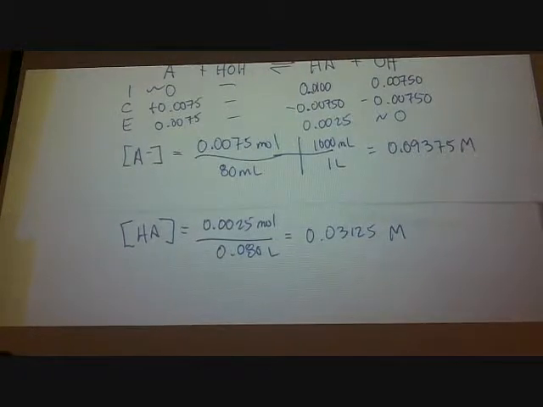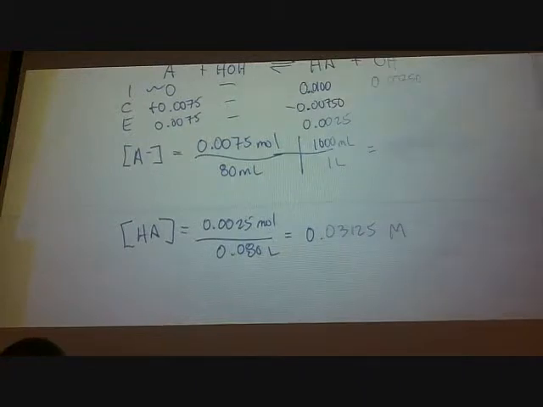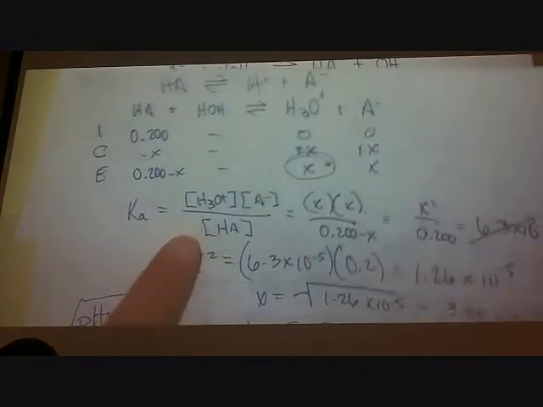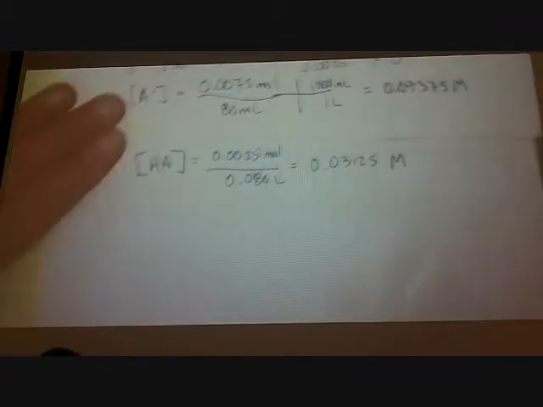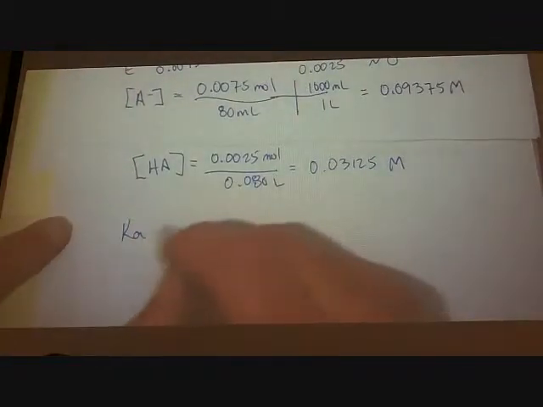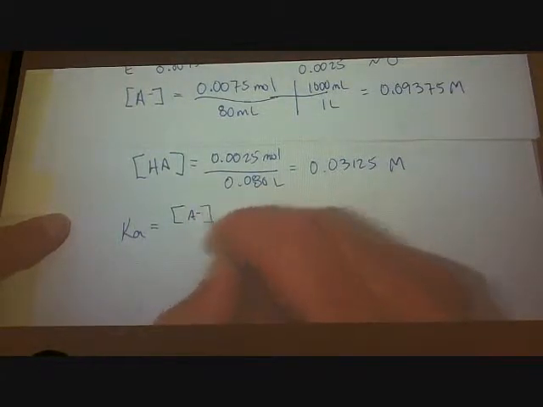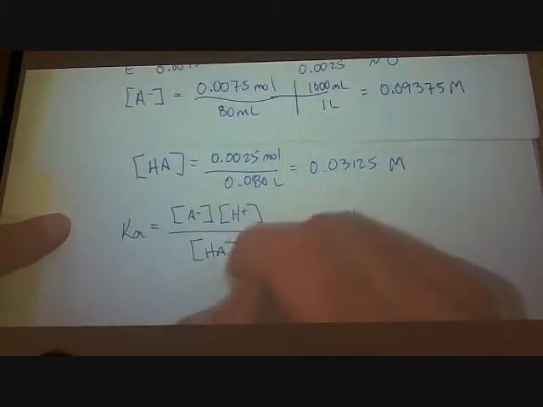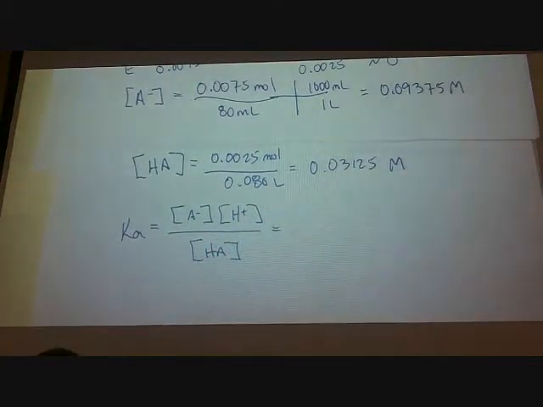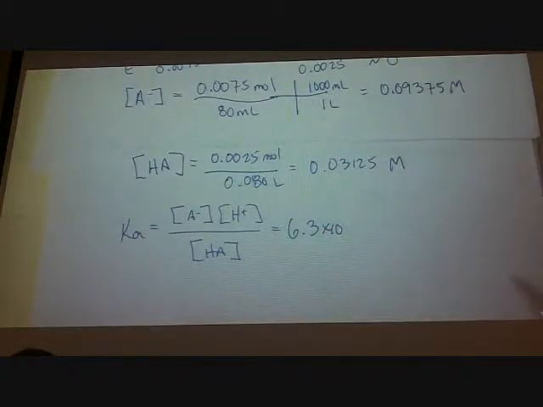So from this, we already have our expression that we had earlier, which is right here. Okay. And we have our Ka value, which is here, kind of, sort of. So we can plug in our Ka, which again is our anion times our hydrogen. We don't know our hydrogen, so we know, and again that's 6.3 times 10 to the -5.